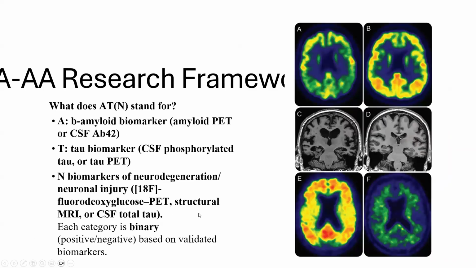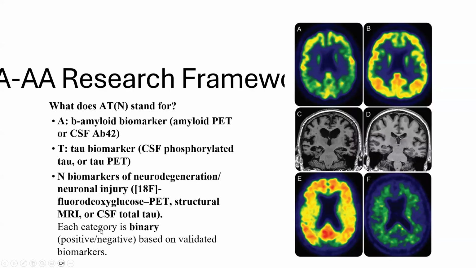It looks like this slide cut off. So this is the National Institute on Aging-Alzheimer's Association Research Framework, which was based on this previous ATN paper. Again, it shows that you need to show the presence of amyloid via an amyloid PET or CSF, a tau biomarker via a lumbar puncture showing tau in the CSF or the tau PET, as well as some sort of neurodegeneration biomarker, whether that be FDG PET, structural MRI, or CSF total tau.